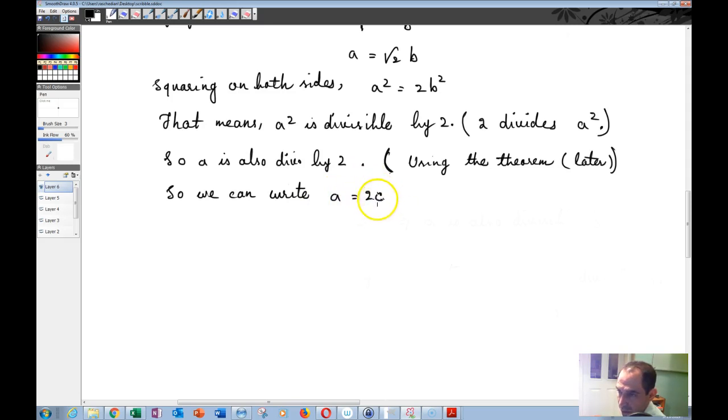It can be written as the product of some integer and 2, for some integer c.